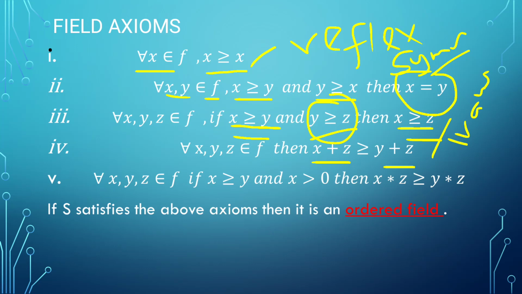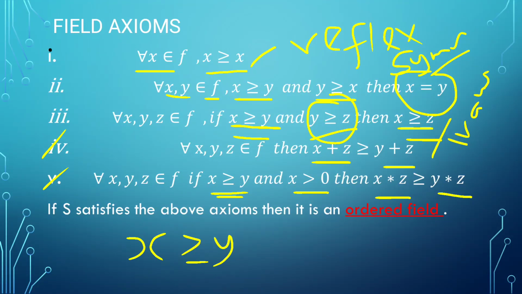Then, if we take x to be greater or equal to y, and z is greater or equal to 0, then x star z will be greater or equal to y star z. They are basically applying the same thing. So we have x being greater or equal to y, so we had z there, x plus z, that becomes true.